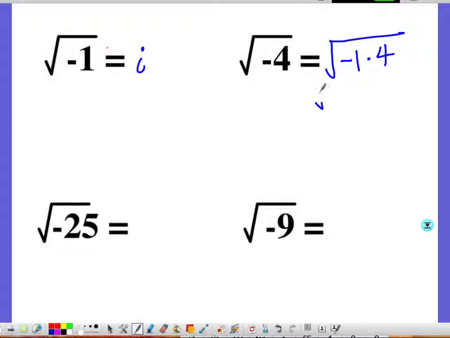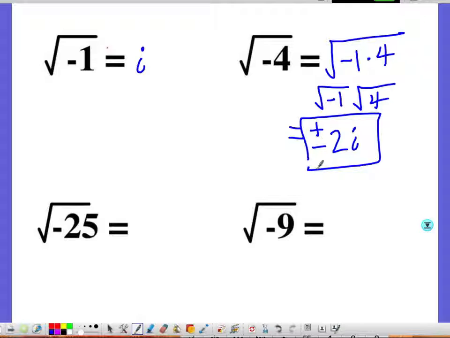And so using the product property, I can write it as the square root of negative 1 times the square root of 4. And so when I solve this, I know that the square root of 4 is 2, and I just learned this, that the square root of negative 1 is i. And so here is my answer, plus or minus 2i.